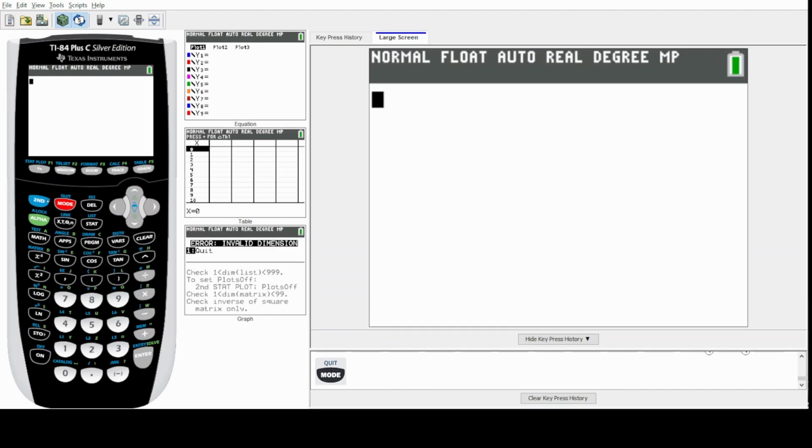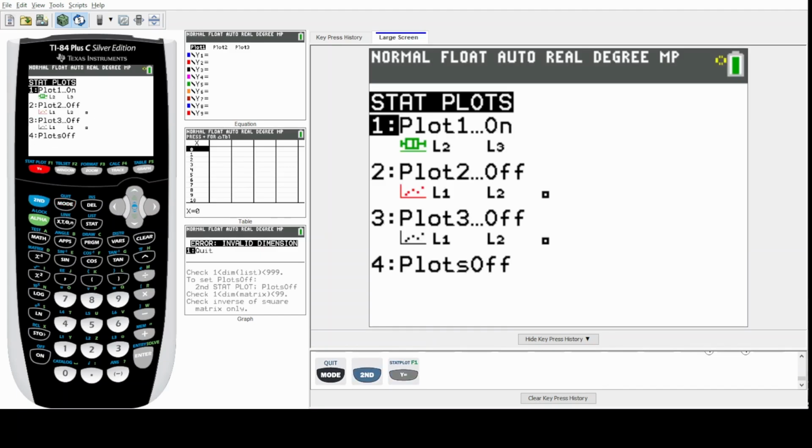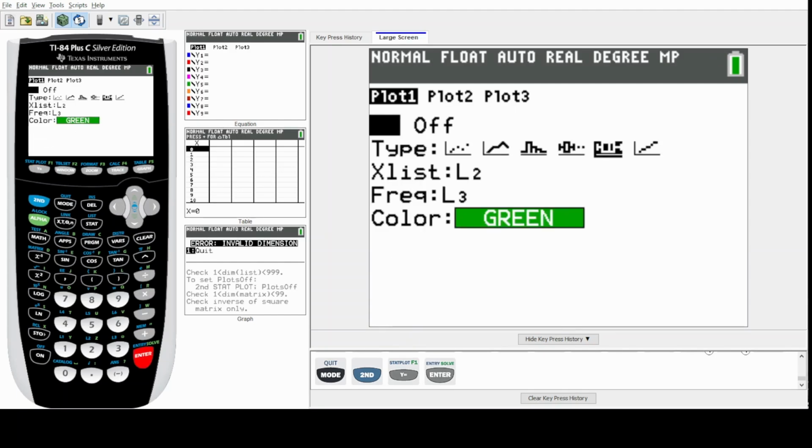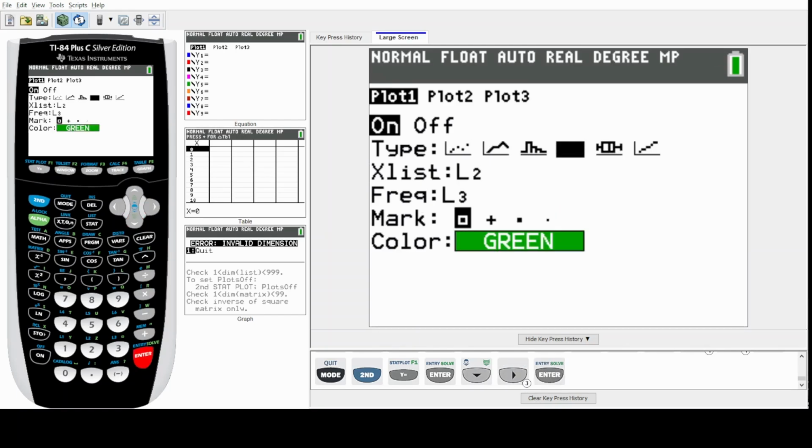Now suppose I want a stat plot. I can go in second stat plot. Looks like I already have the box plot on. Let's go into it. Let's suppose I want a box plot with outliers shown, okay? And then I look here, my X list, that's supposed to be L1, and my frequency, that's L2.